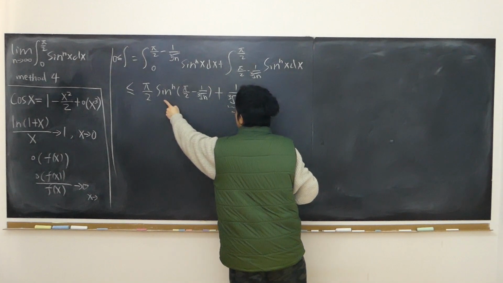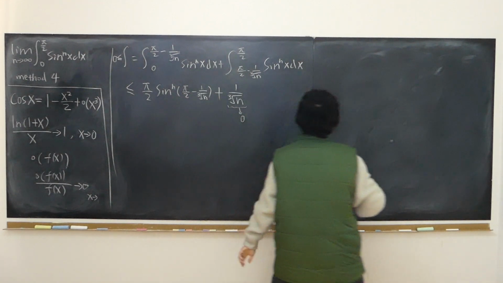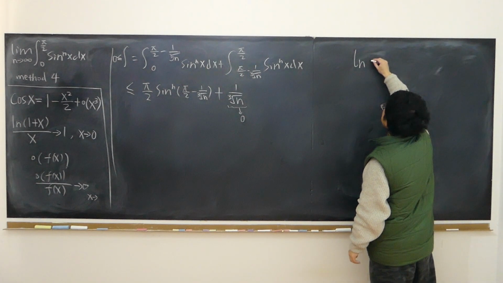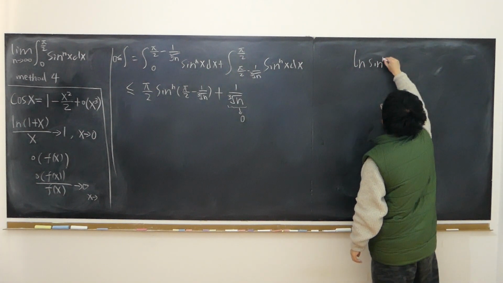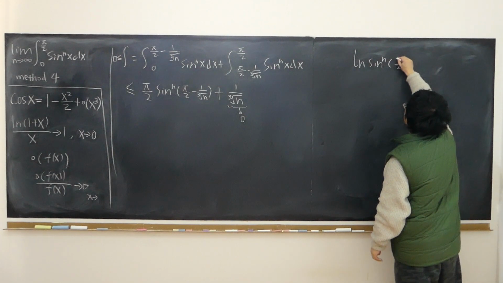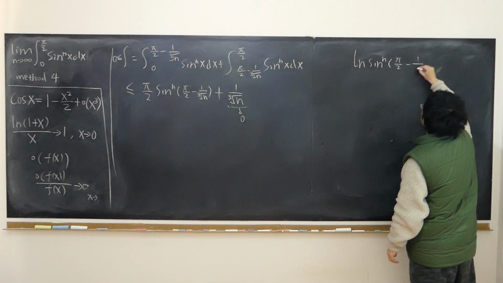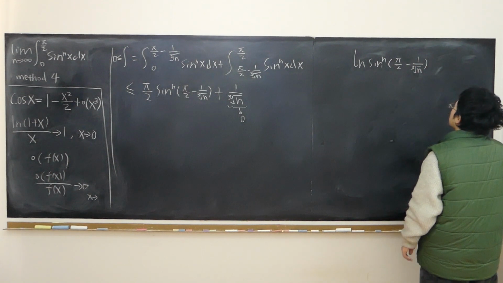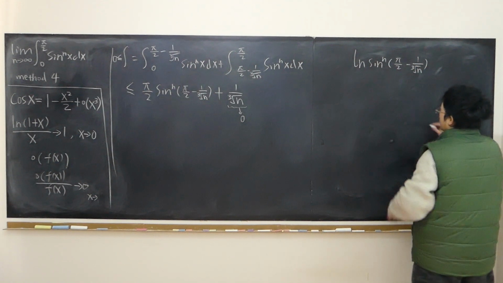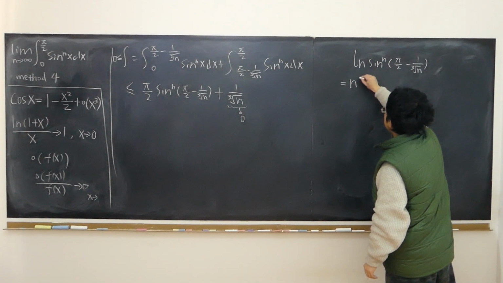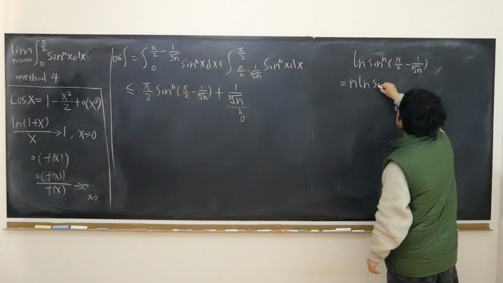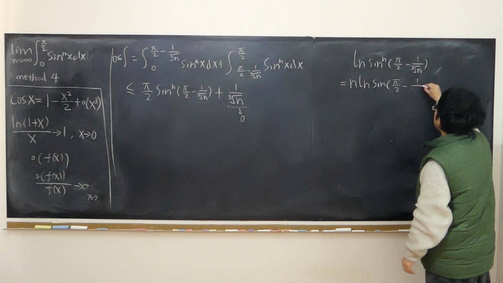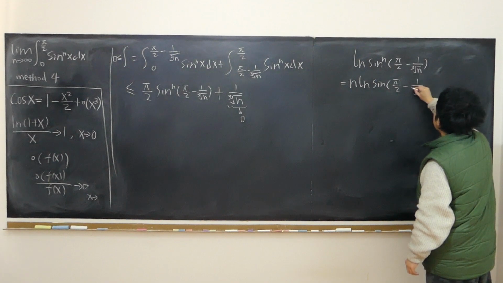Now let's take the logarithm of this quantity. So the log of sine to the power of n of half pi minus 1 over cubic root of n, using the logarithm rule, take the power to the front, equals n times log of sine of half pi minus 1 over cubic root of n.